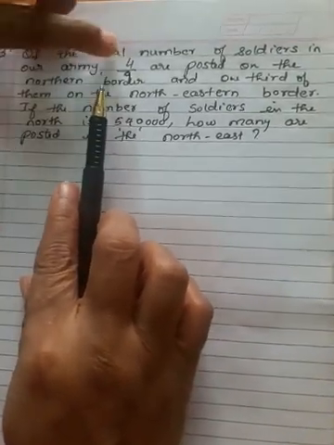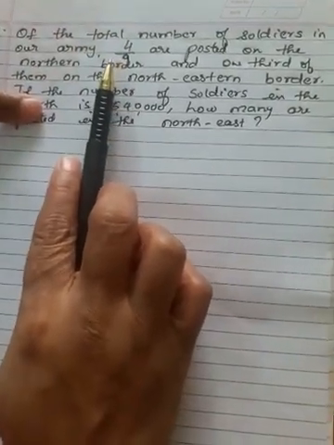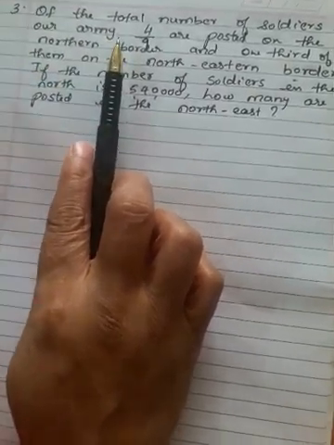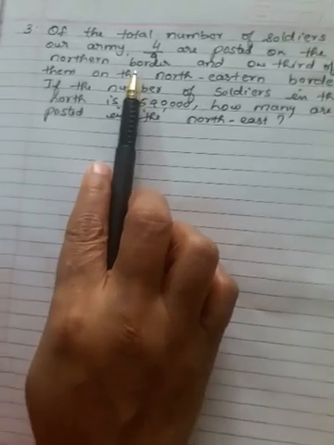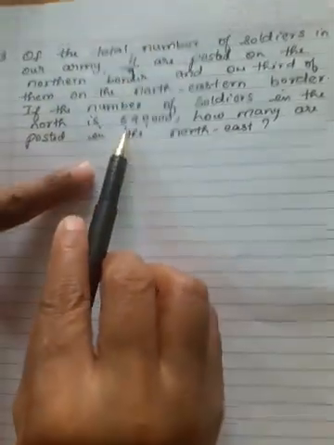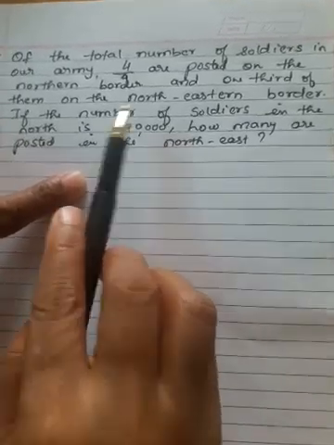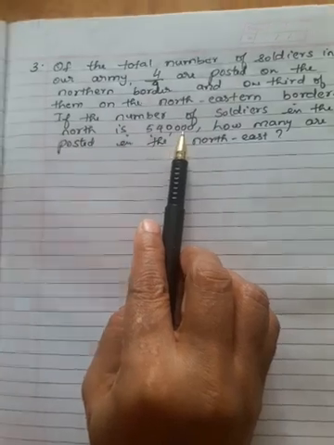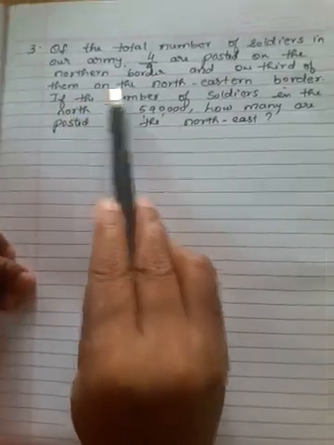They said only 4/9. So to find out how many soldiers are posted on the northern border, we should find out first what is 4/9 of 5,40,000. That is 4/9 multiplied by 5,40,000. Then you will get how many soldiers are posted on the northern border.